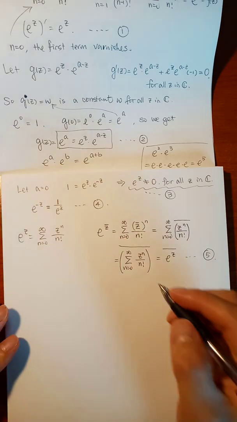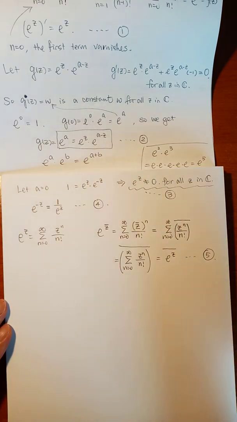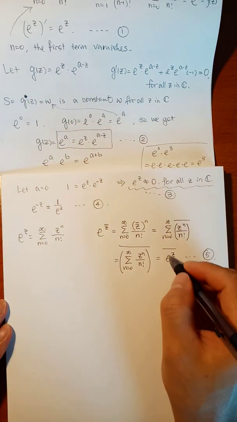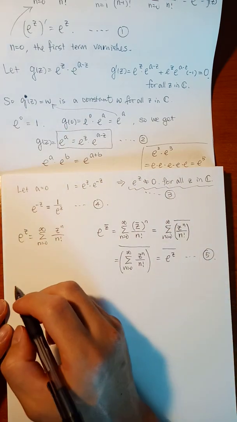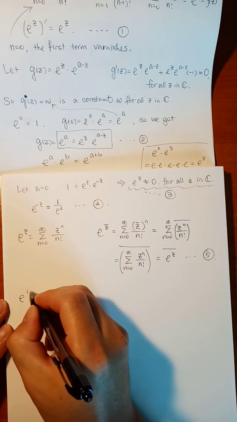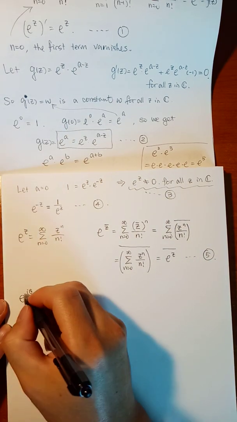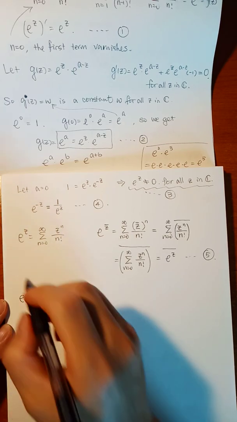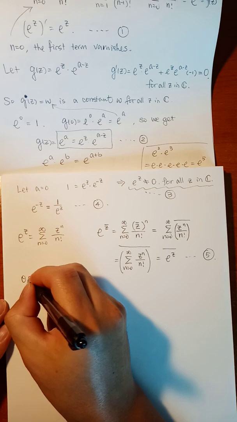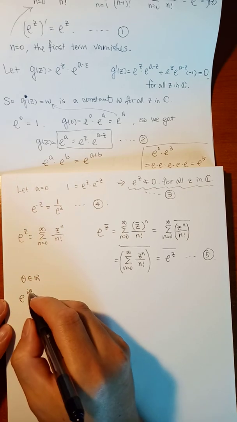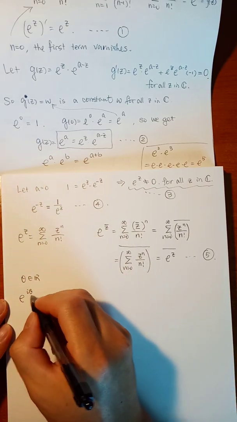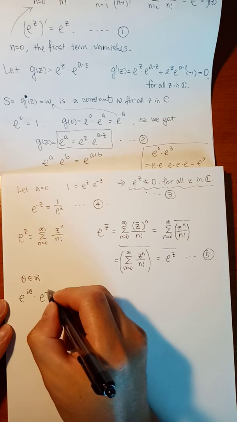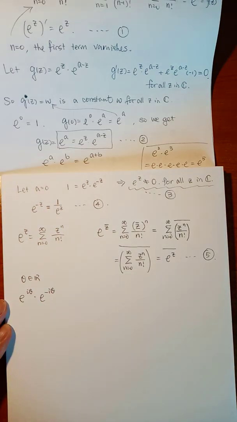Okay, so well, let's see. From here, this is one of the important things. If we have e to i theta, theta is real. For real theta, e to i theta is a pure imaginary number. Then its complex conjugate is going to be e to negative i theta.